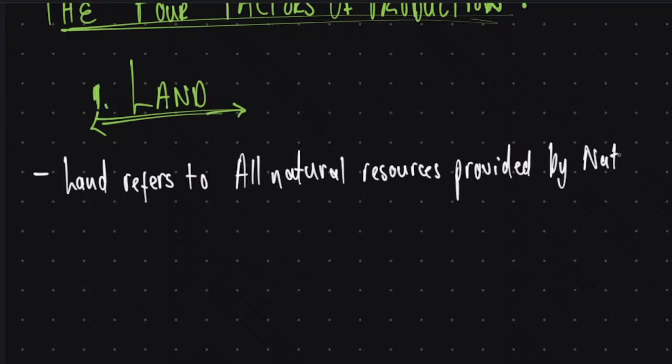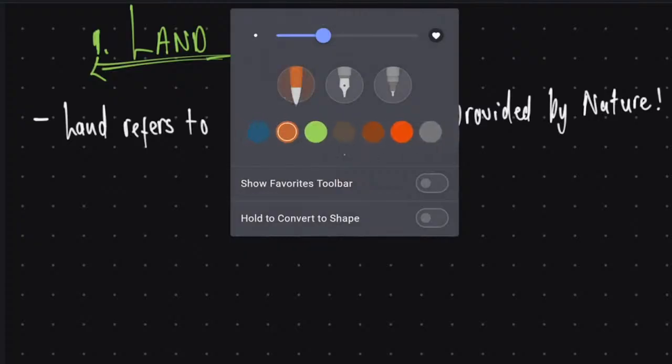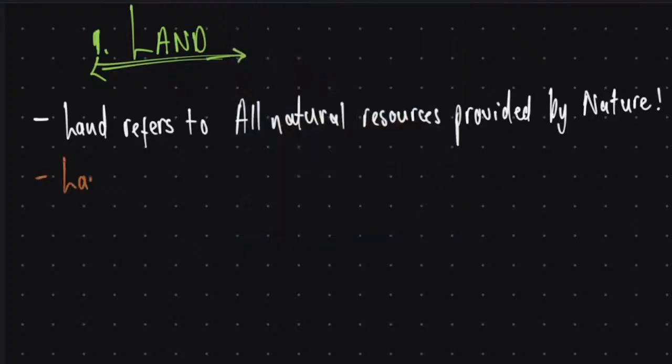Anything you're going to use in your company that comes from nature is land. If you use water, that means water is part of land. Land does not simply mean the ground.